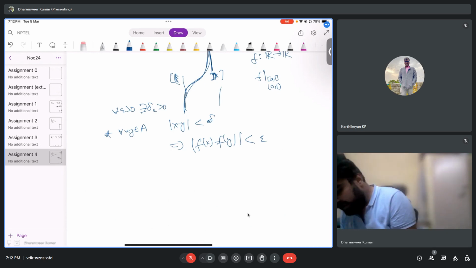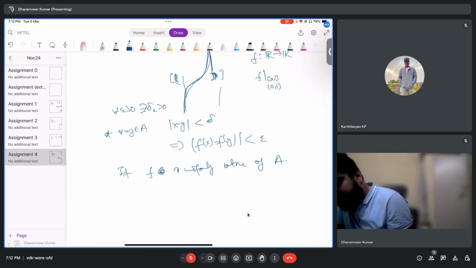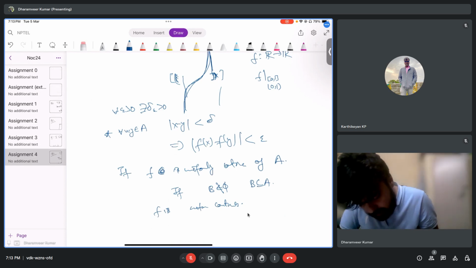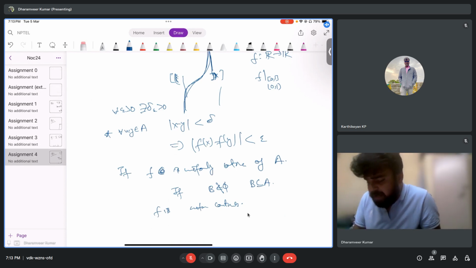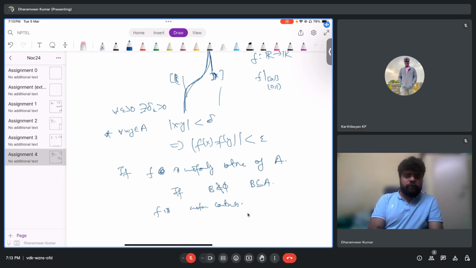So we need to show all of these. Moreover, if f is uniformly continuous on a set A, then definitely for a set B, let B not be empty, if it is uniformly continuous on a bigger set, then definitely on a smaller set also.